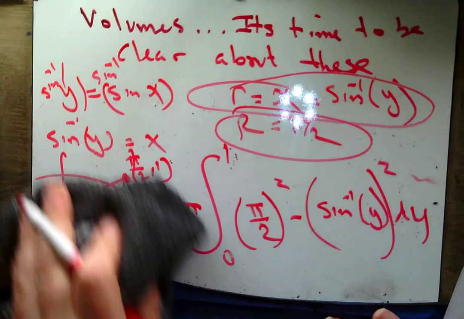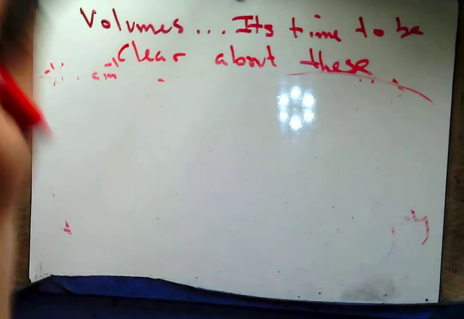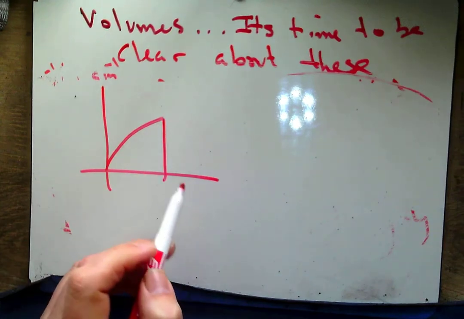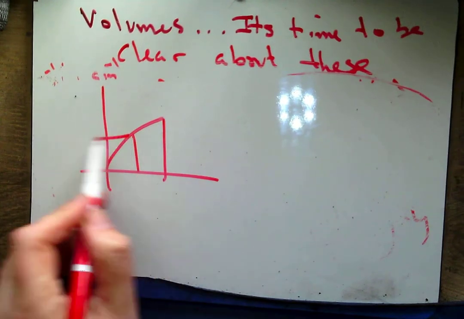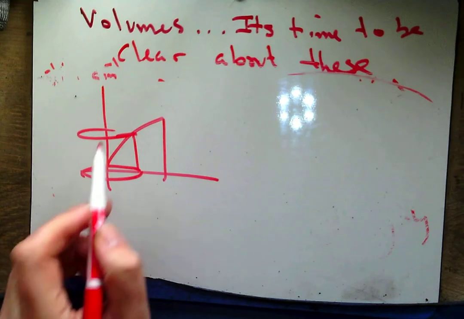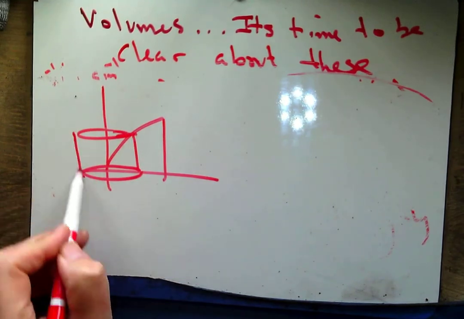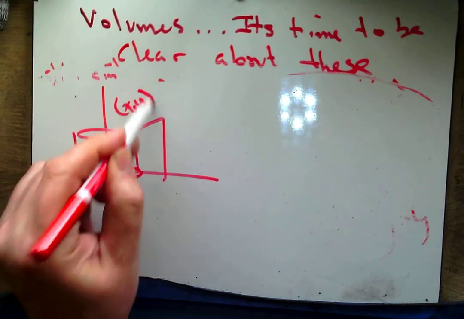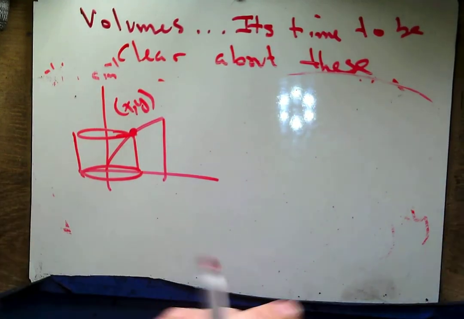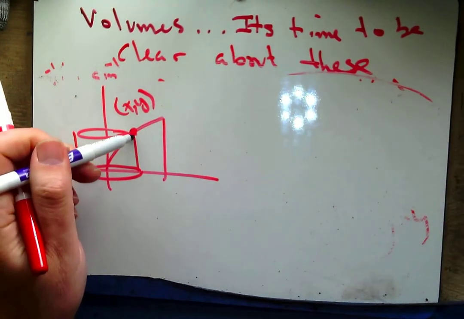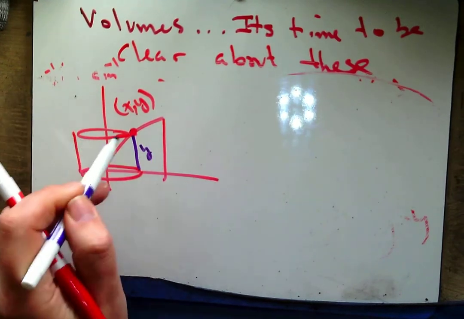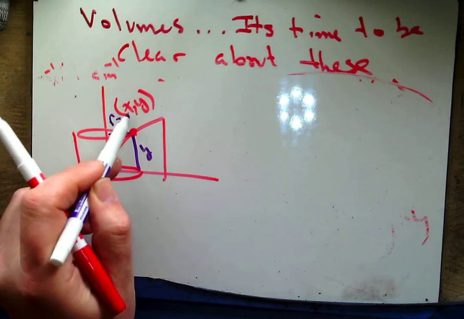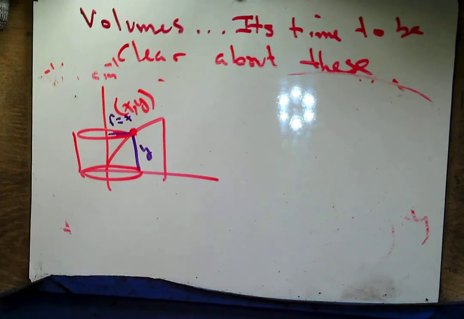Oh no, we're doing the same rotation, but this time we're doing it with shells. Okay, so here's my region. I'm doing shells. The shells look like this. All right, so what can you say? Well, this point is called xy. And I know that this distance is y, and this distance, in addition to being the radius, is x.